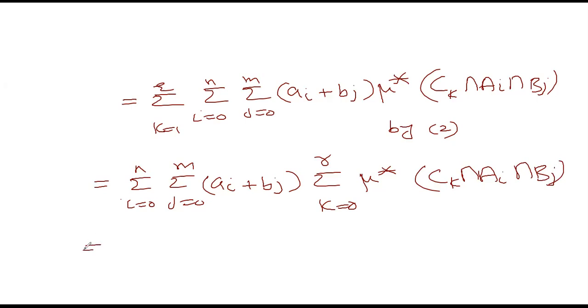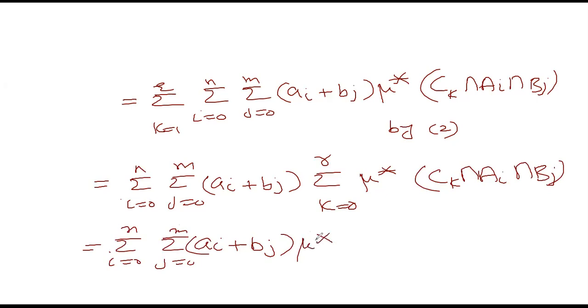Because the ck's are pairwise disjoint, this summation becomes mu star of the union over k, union ck, k runs from 0 to r, then intersection ai intersection bj.